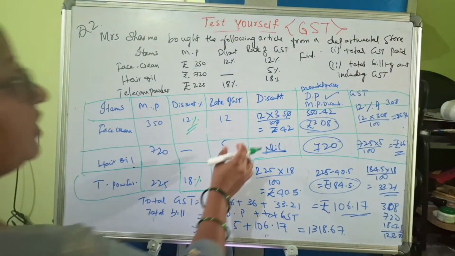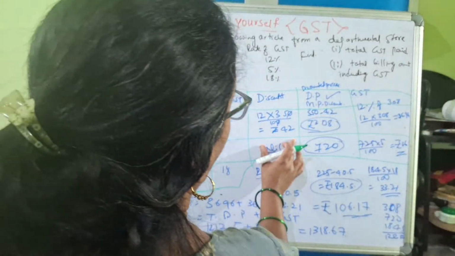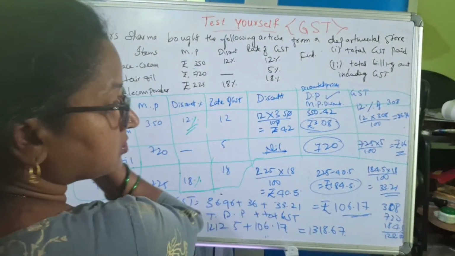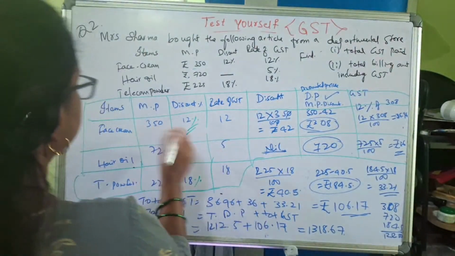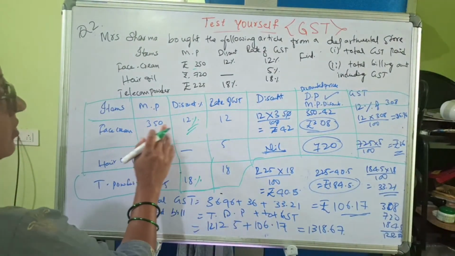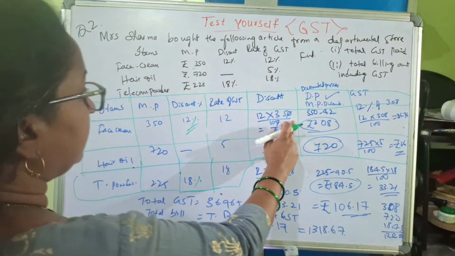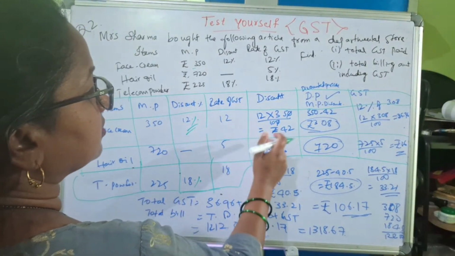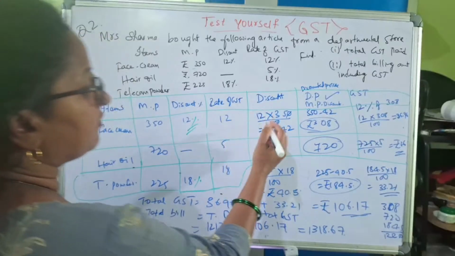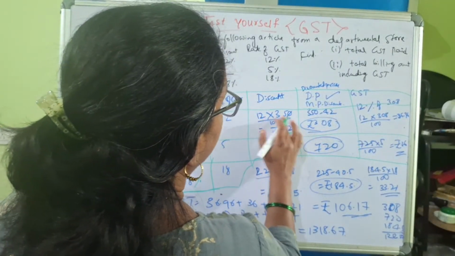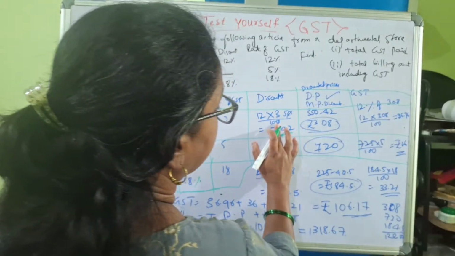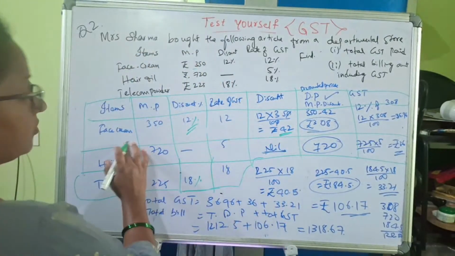That means we have to find the discounted price. That means 12% of 350 is rupees 42. 12 into 350 divided by 100, which is 42.